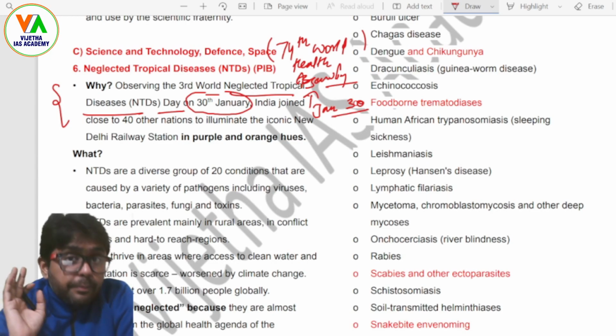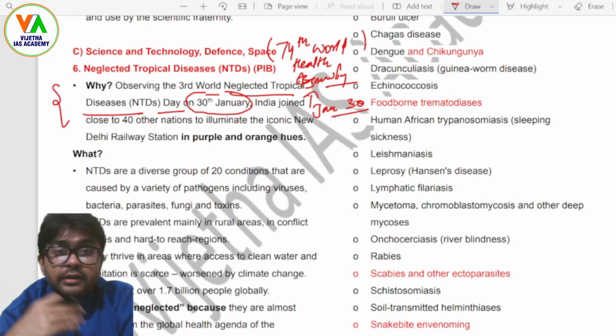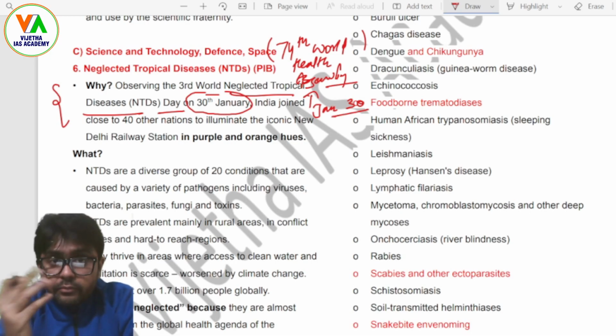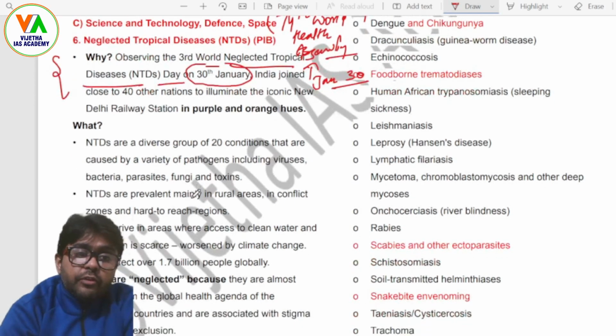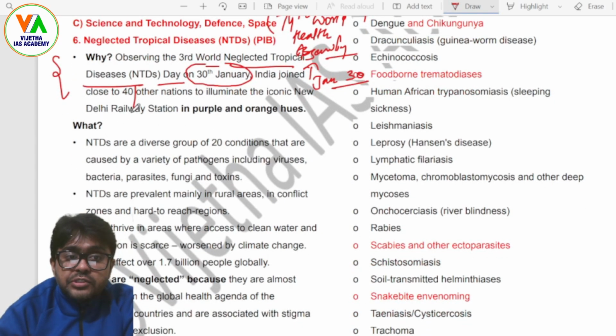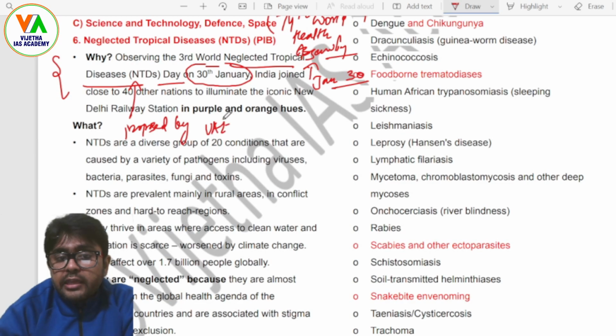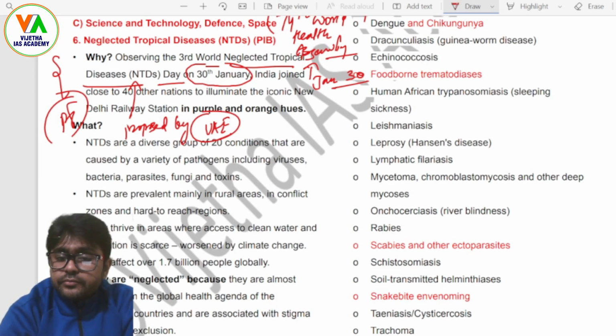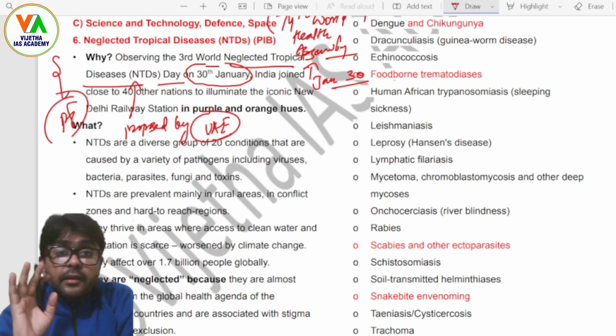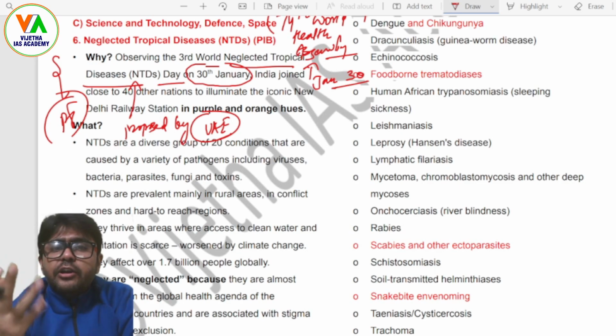Now the proposal to celebrate this day was floated by the UAE. Important point for our prelims, that this proposal of observing this day was proposed by the UAE, that is United Arab Emirates. Important for your prelims, right? However, it was informally adopted in 2020.